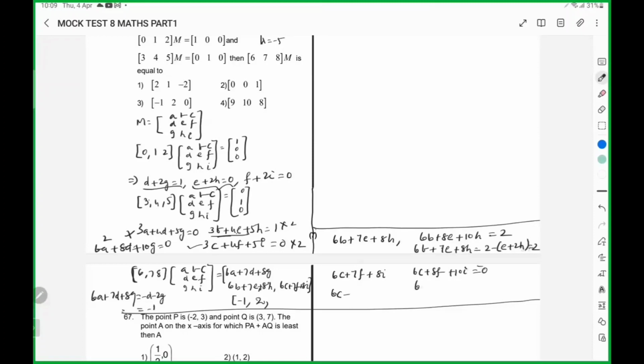So 6C plus 7F plus 8I is minus F minus 2I, and F plus 2I is 0, so this is equal to 0. Finally, the answer is minus 1, 2, 0. It is the third option.